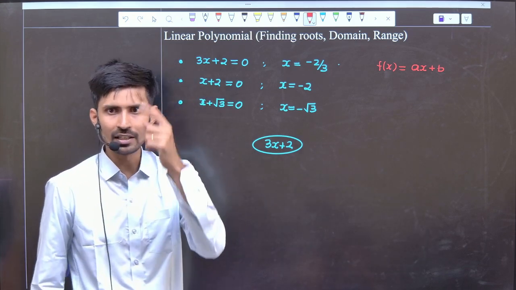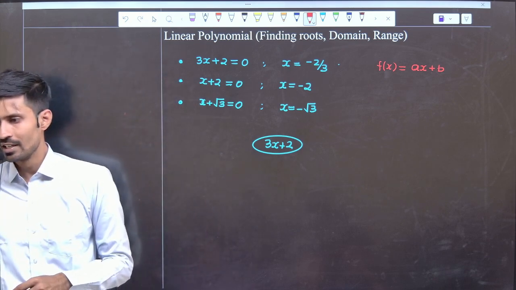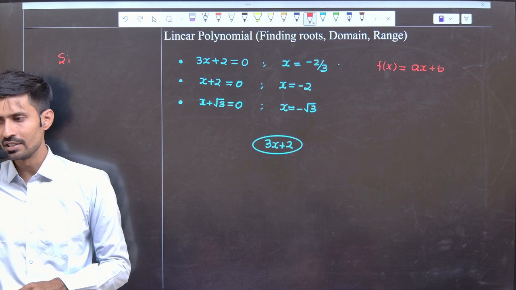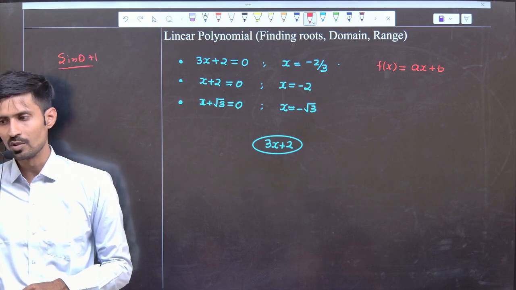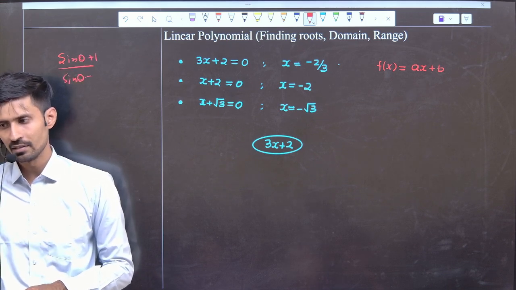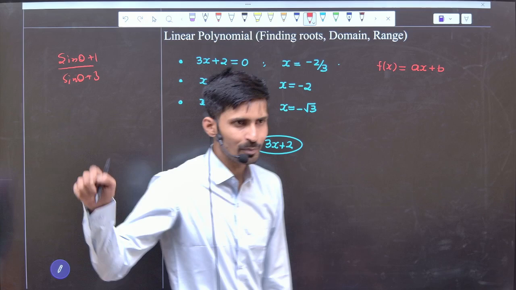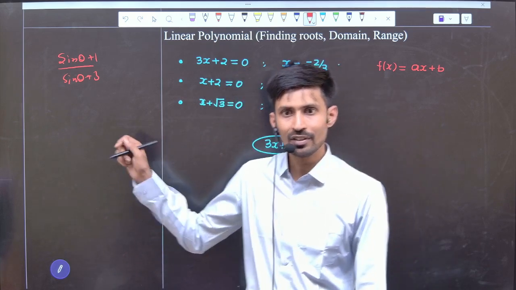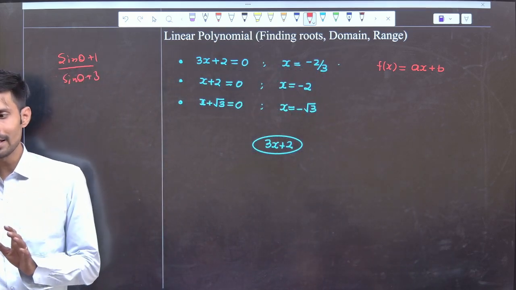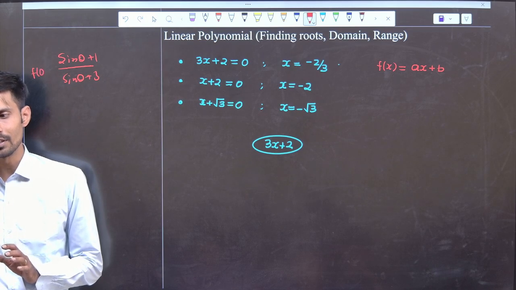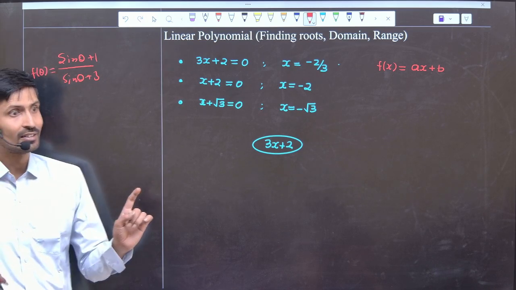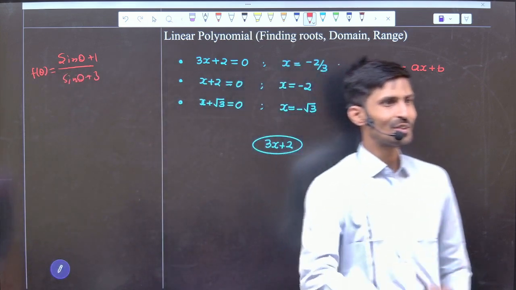Like I asked you in the first class, what is the range of sin theta plus 1 upon sin theta plus 3? But we don't write it directly. We write f of theta is equal to it, as the variable here is theta.